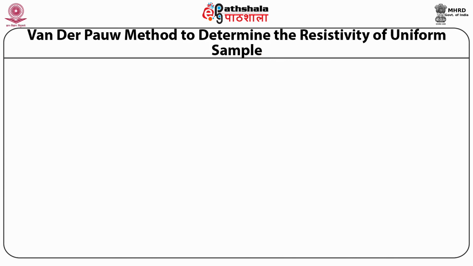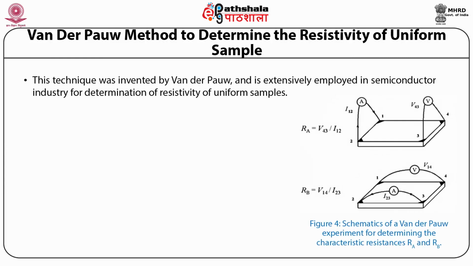We will now discuss the van der Pauw method to determine the resistivity of a uniform sample. This technique was invented by van der Pauw and is extensively employed in the semiconductor industry for determination of resistivity of uniform samples.